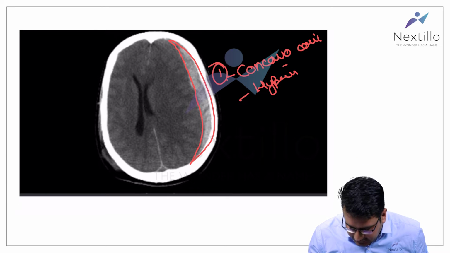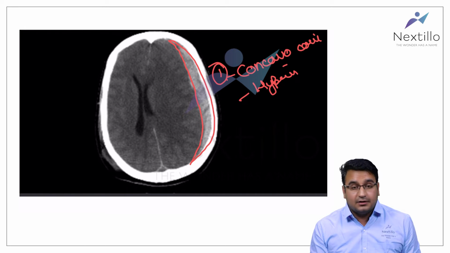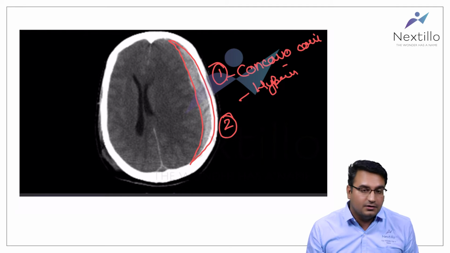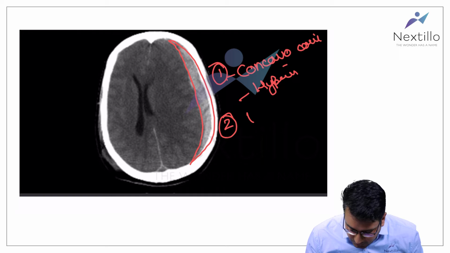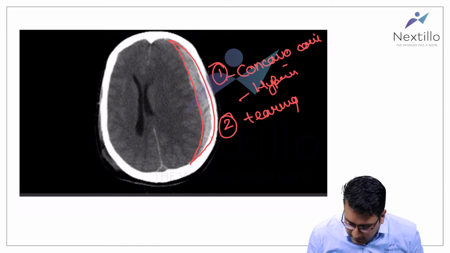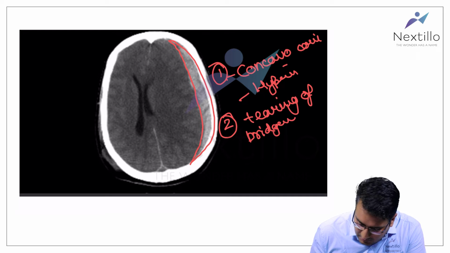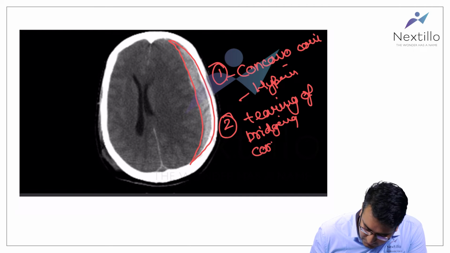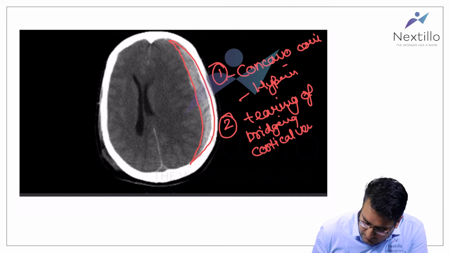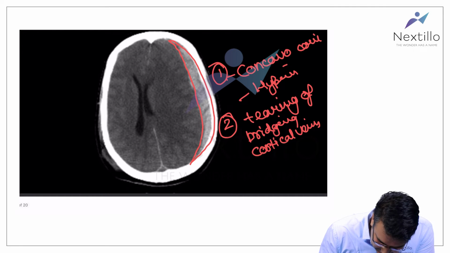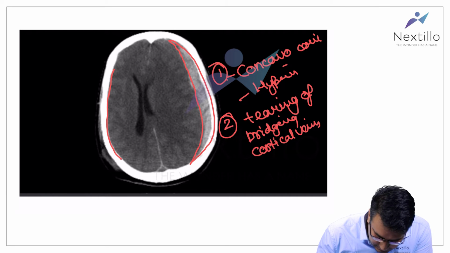The first question is the shape, which will help you with the diagnosis. The second question is the culprit, the artery or vein, whichever is involved. It is due to tearing of bridging cortical veins. As we have discussed, beyond this cranial vault there is a layer called dura mater, which is closely adhered to the skull wall.